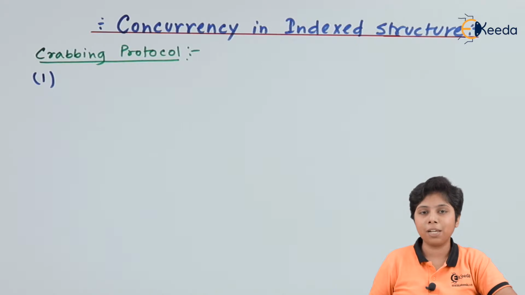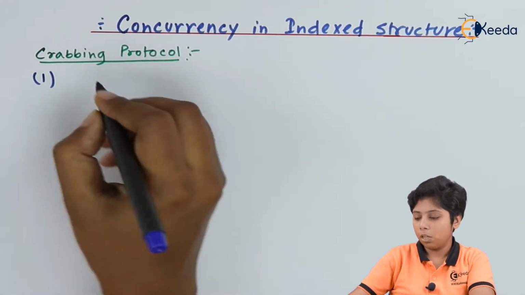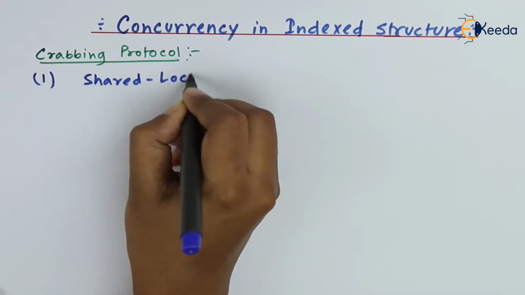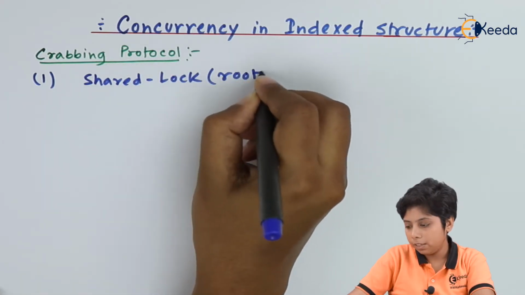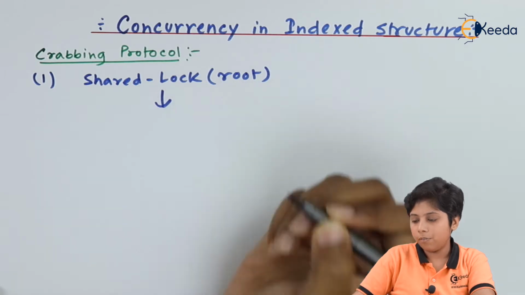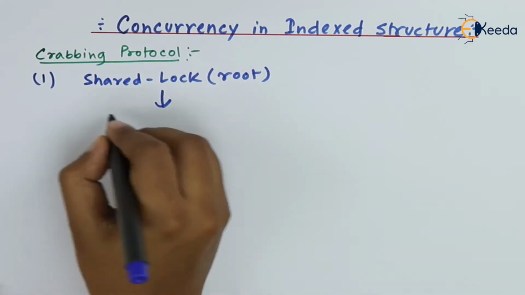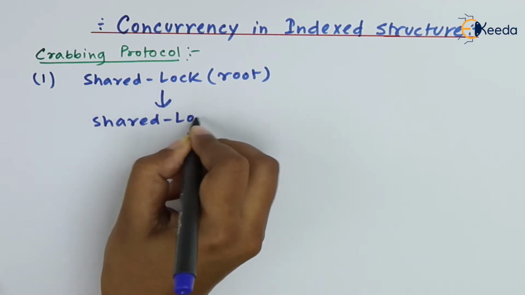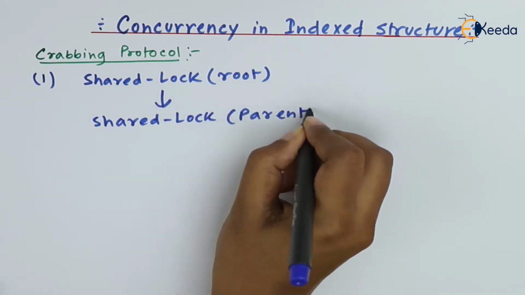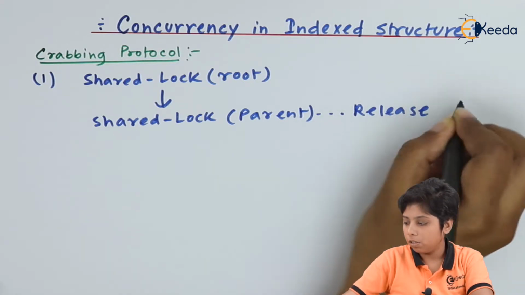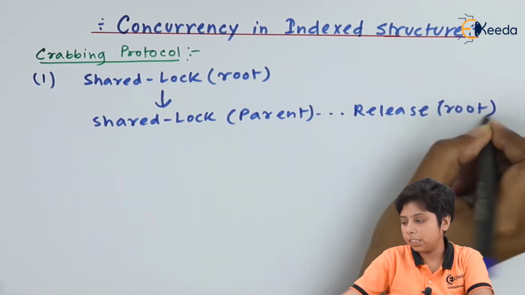So the algorithm is: first take the shared lock on the root key, then take a shared lock on the next node and release the root key.